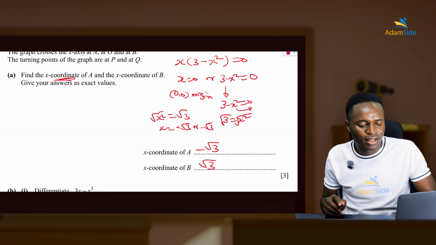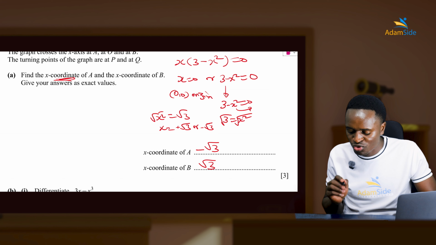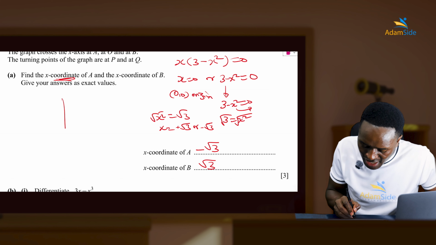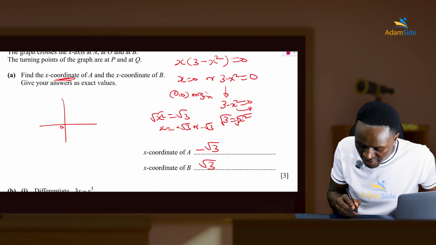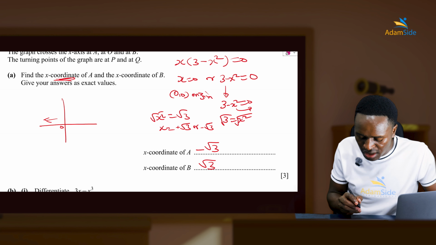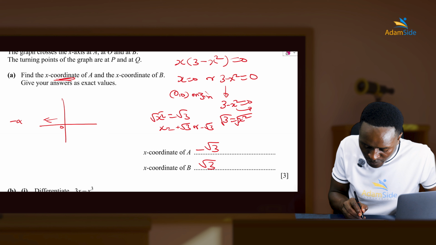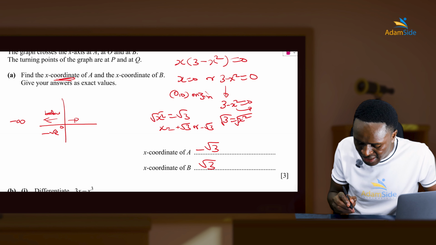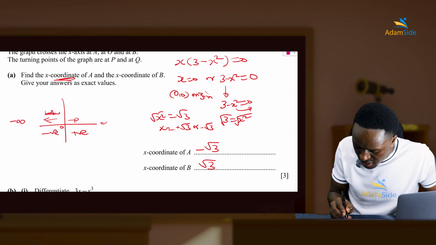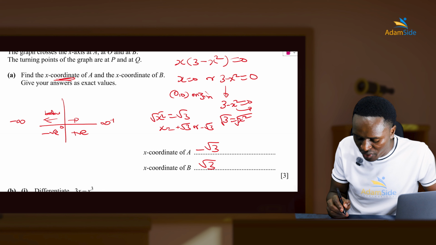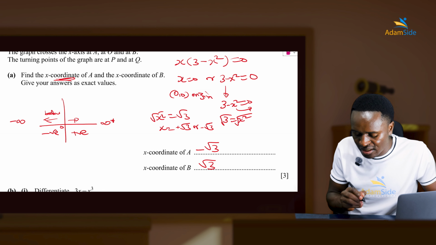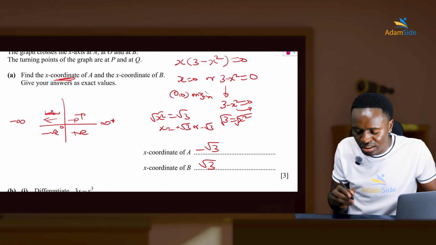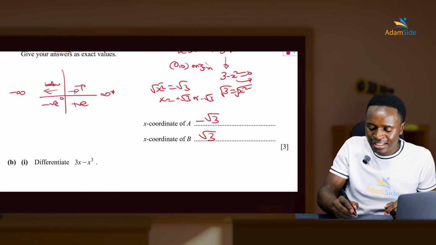Those are the key concept and the examiner's trick. You have to understand that moving from 0 toward negative infinity, anything below is negative, and anything above is positive up to positive infinity. This is something you need to know in the Cartesian plane.